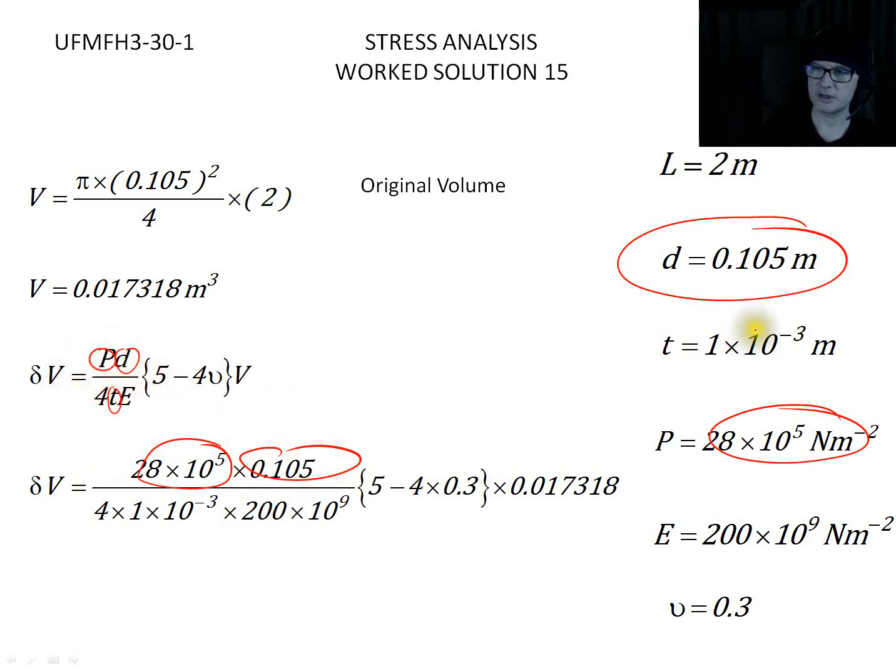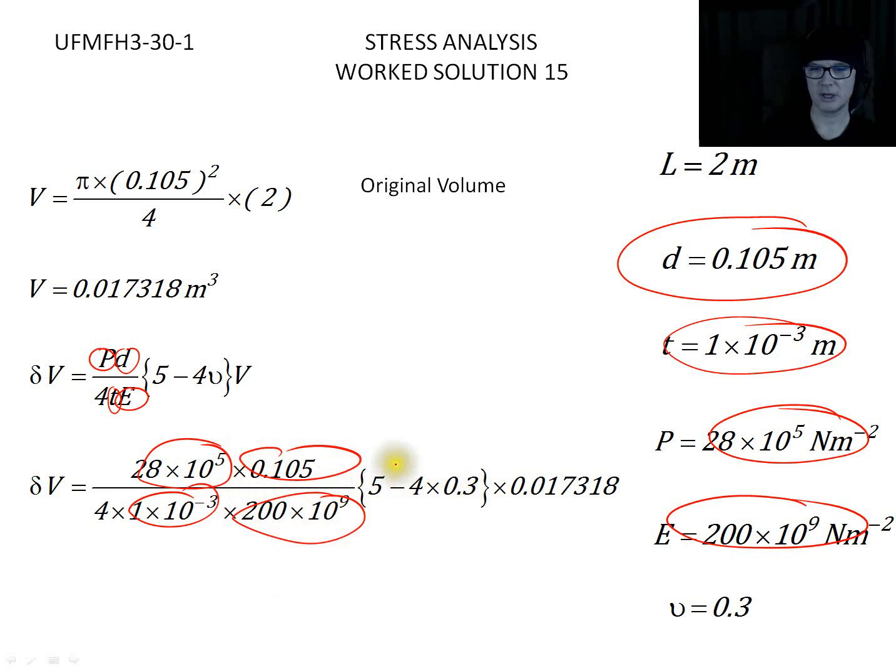We've got the thickness, so we've got that value going in there. Young's modulus, the E, that's going to go in there. Okay, put it all in your calculator, open a bracket, and then we have 5, take away 4 times the Poisson's ratio, so Poisson's ratio, that's going to go in there.